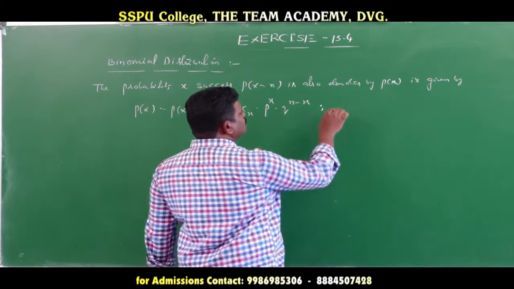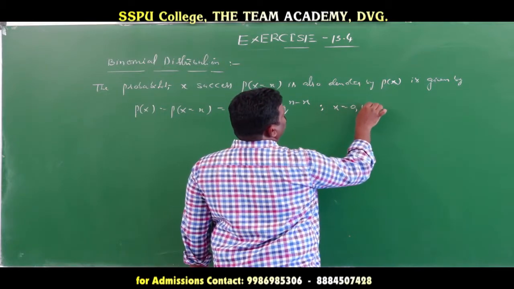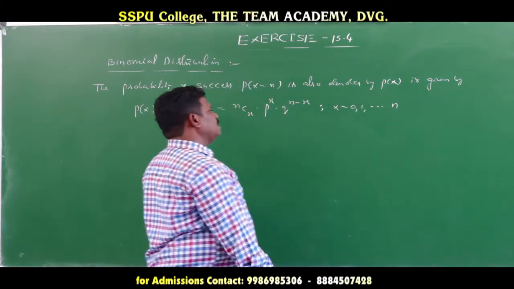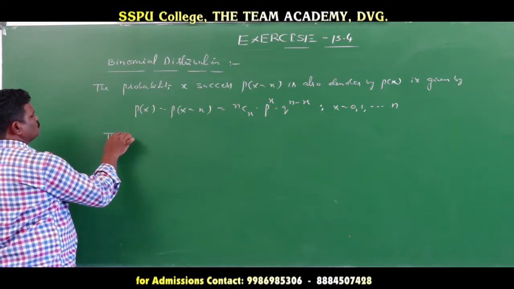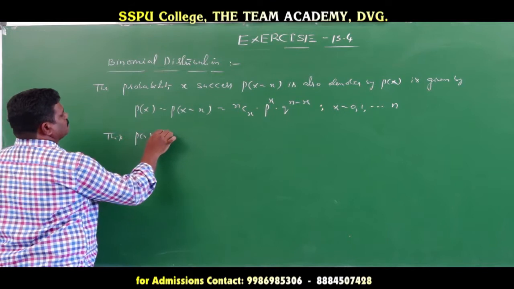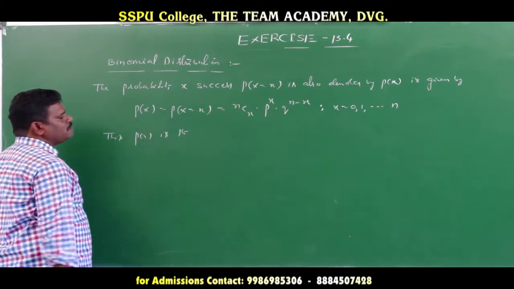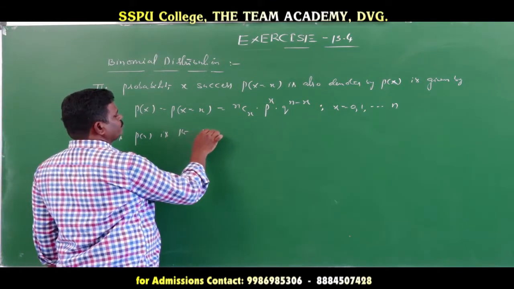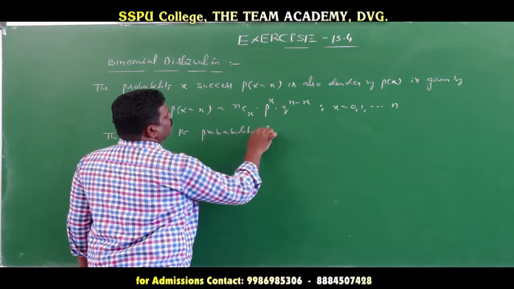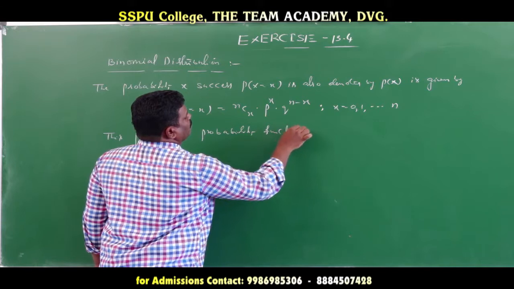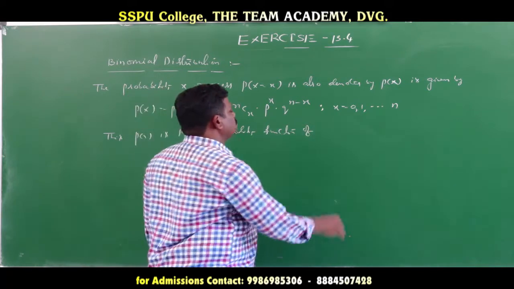Here x takes the values 0, 1, 2 and so on up to n. This P of X is the probability function of the binomial distribution.